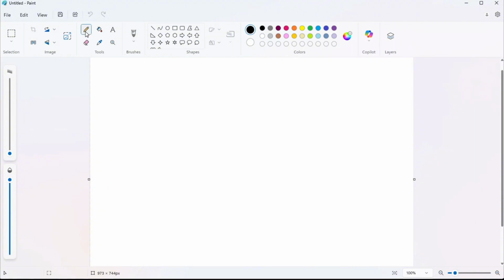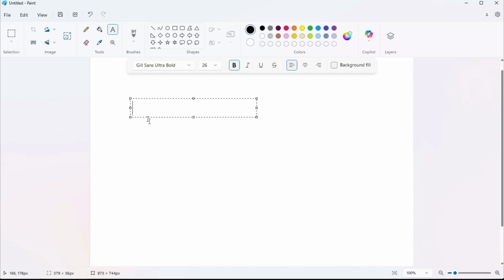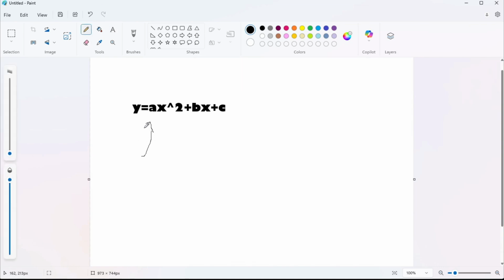From middle school, you've been taught the standard form: y equals ax squared plus bx plus c, where a multiplies the x squared, x is the input, y is the output, b is the linear term, and c is the constant.